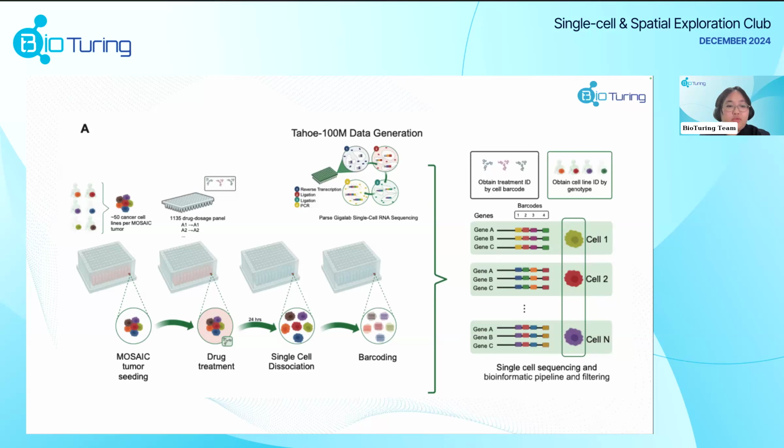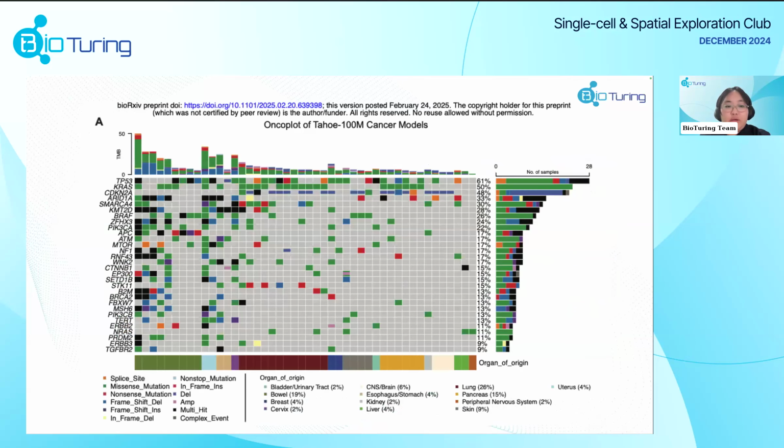Yes, that's very impressive. And now we go ahead and view a little bit the actual genetic landscape of the cell lines used in this study. So as you can see here, this is an oncoplot. This provides a representation of the most frequently observed genetic mutations.